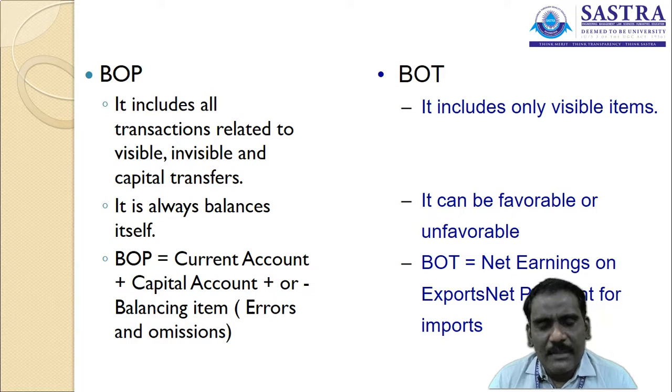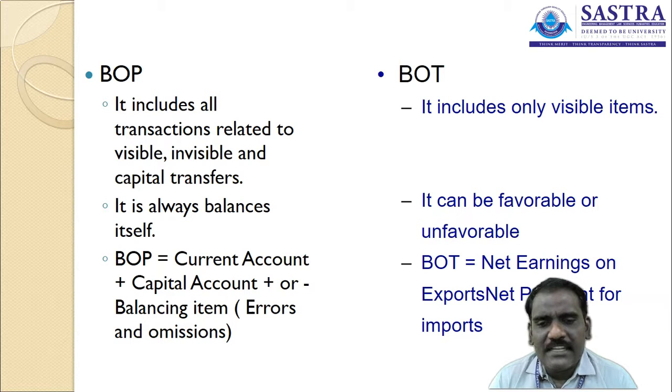It means the balance of export and import of goods, the balance of export and import of services, and the balance of capital receipts and payments are together added for the calculation of balance of payment. But the balance of trade includes only the visible items, the transfer of visible items added together.